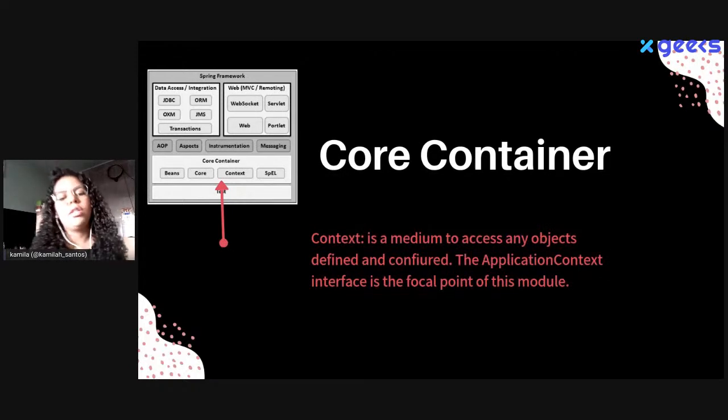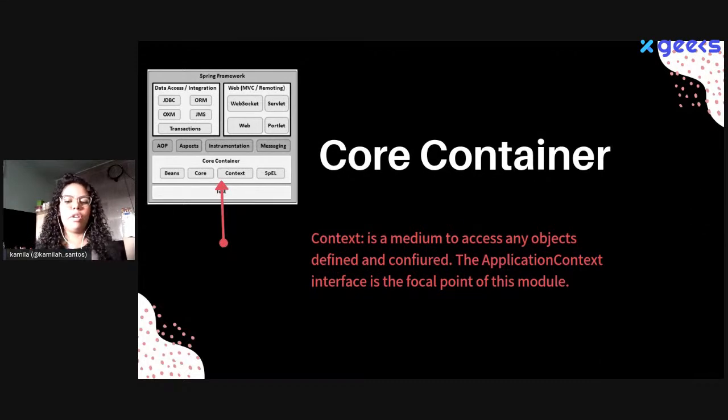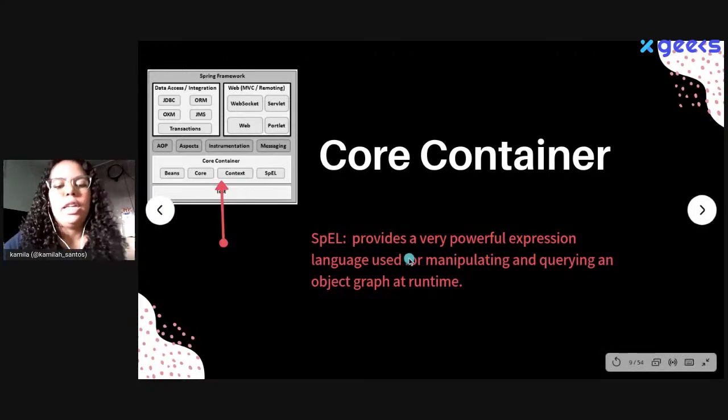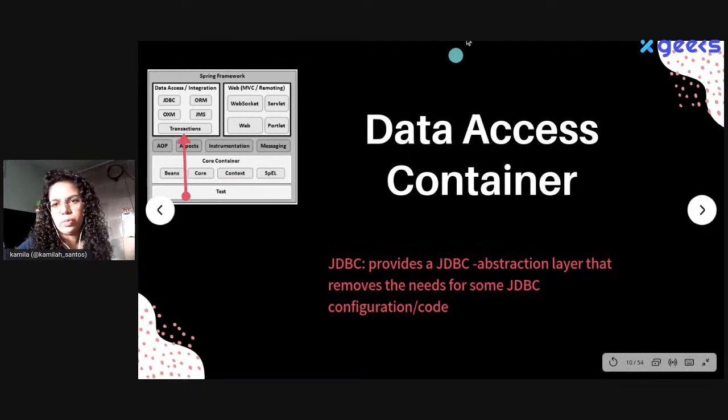We also have the context module, a means to access any objects defined and configured. The ApplicationContext interface is the focal point of this module. And we also have the SpEL module that provides a very powerful expression language used for manipulating and querying an object graph at runtime.